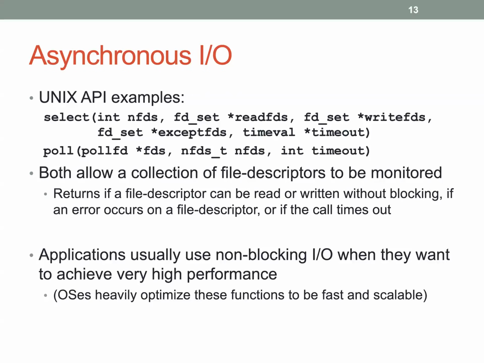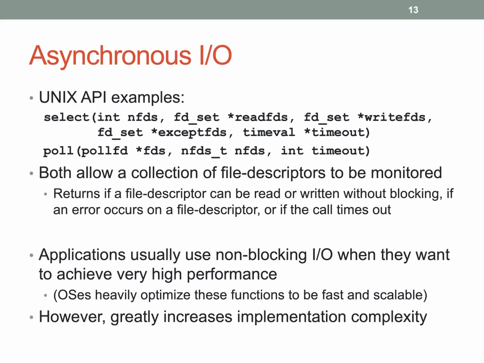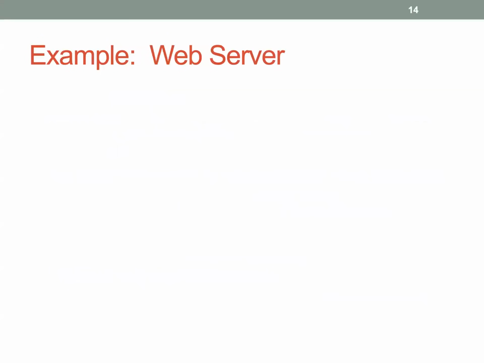And so applications can leverage these kinds of operations to build very high performance implementations, because the OS and even the hardware is engineered to make these kinds of things super fast so that you can monitor tens of thousands of sockets concurrently, and it will be a constant time operation. So that's how this kind of stuff is used. It does increase complexity.